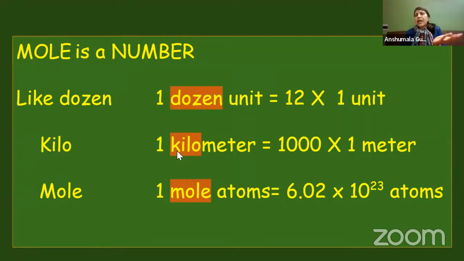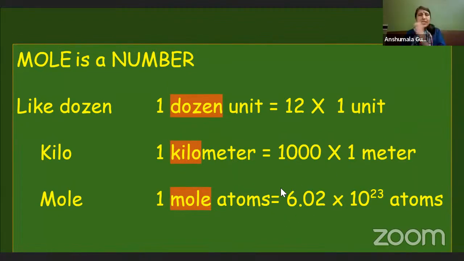Similarly, kilo is 1,000 times. So kilometer is 1,000 times a meter. Kilogram is 1,000 times grams. So the word kilo is 1,000 times. Dozen is 12 times. So 1 mole is 6.02 into 10 to the power 23 times. That's all. It's just a unit magnifying number.